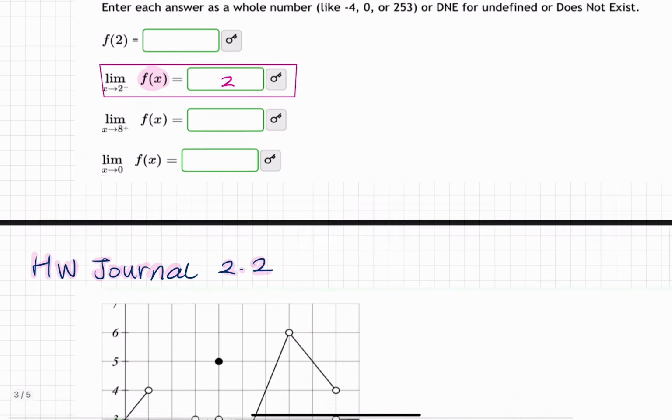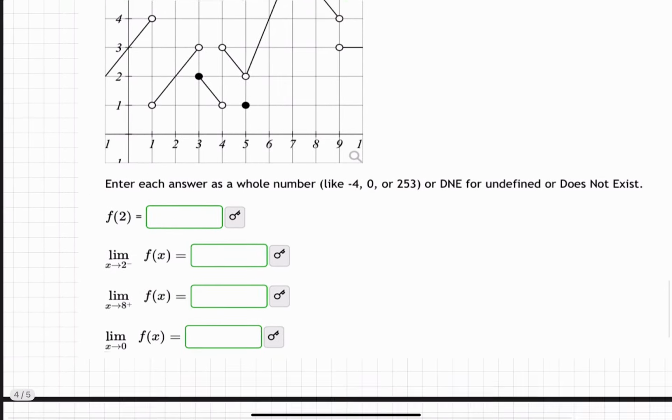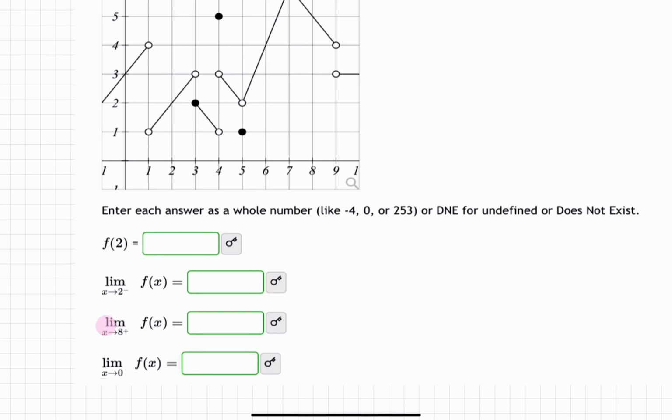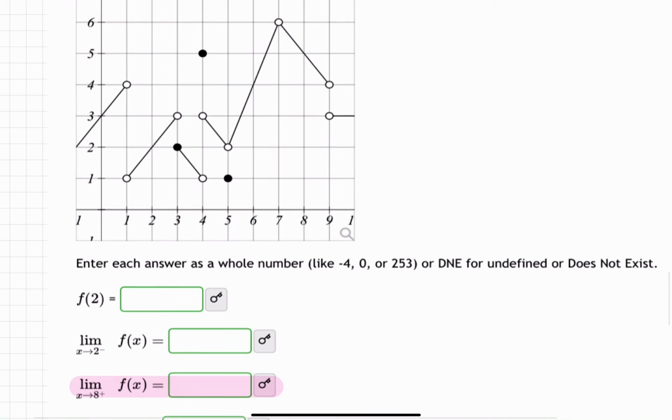Next, we're going down to our third part. Here we're investigating the limit of x going towards 8, and we're looking for the y value. Also a key point: what does this mean?